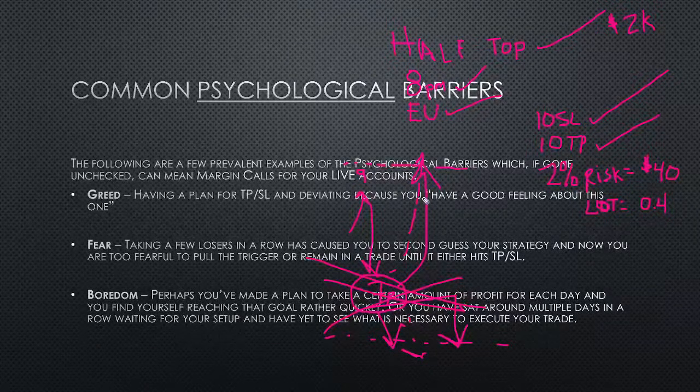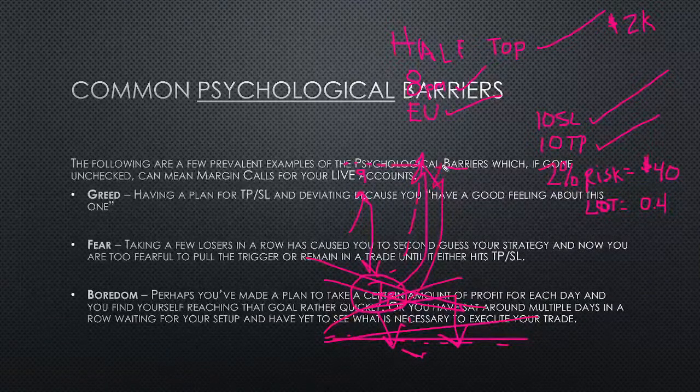It's because you doubted that it was going to go back up. It's because you were afraid of hitting that loser, even though that's what your trade plan calls for. That 70, 60, 80, 90, whatever the percentage is, that it's going to hit that line. So let it do what it's supposed to do, because at least it gives you a chance that it'll come back and take profit. But if it doesn't and it goes down and hits your stop loss, okay, that was part of the plan. Suck it up.